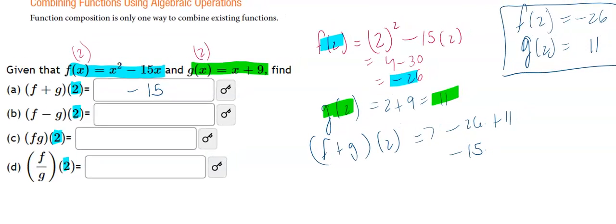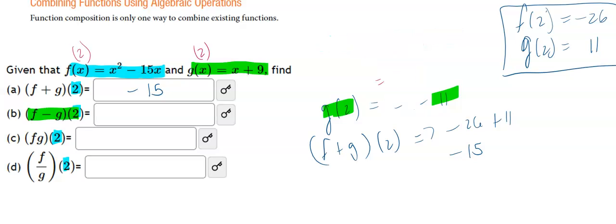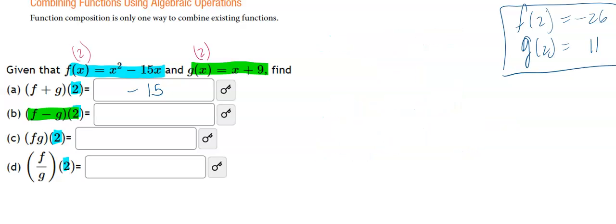The next piece, coming over to our requirements, f minus g of 2, is equal to negative 26 minus 11, and that's going to give us negative 37.